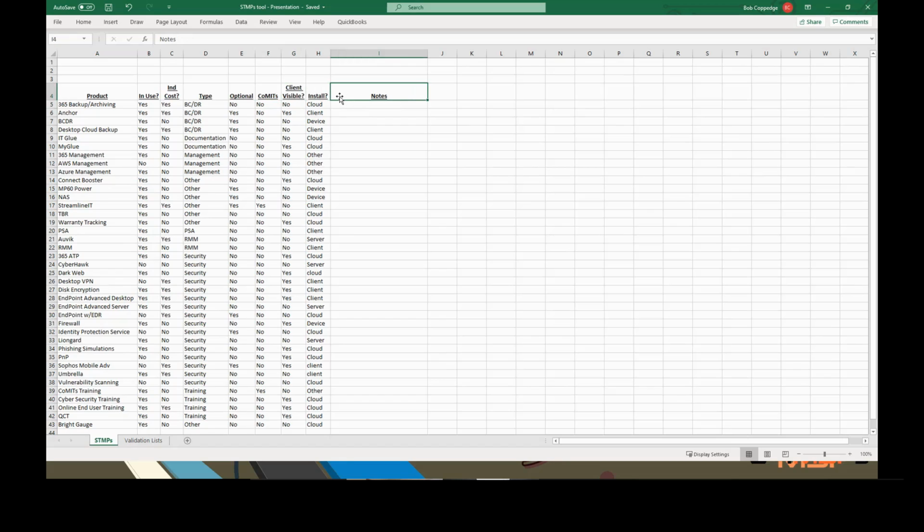I want to stress this is not to be considered, at least as it stands right here, a proposal generator or a cost generator or anything along those lines. It's just a way to get your head around what your offering is as far as the stamps go and how they play.